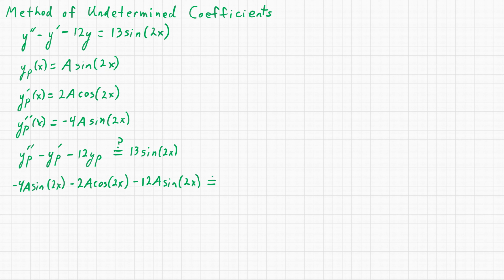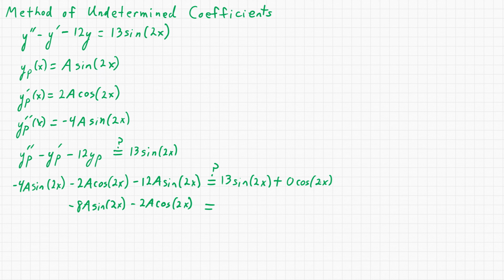And now we've got a problem. We've got 13 times sine of 2x on the right-hand side, and we have a negative 4a sine 2x and a minus 12a sine 2x, so in total that's minus 8a sine 2x. But we also have this minus 2a cosine of 2x. And over here, it's really plus 13 sine of 2x plus 0 cosine of 2x.